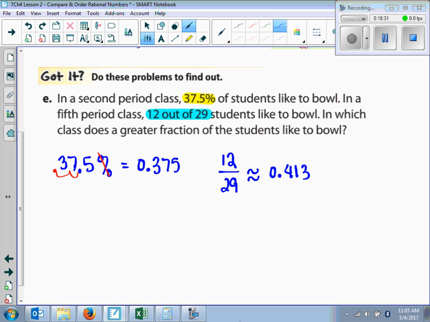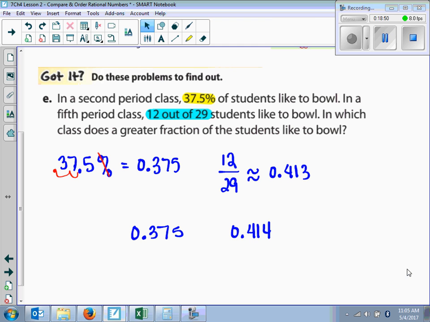So now this is tenths, hundredths, thousandths, and this is tenths, hundredths, thousandths. So we have a common decimal place value. So now we have apples and apples, and now we can compare. So we are comparing 0.375, which is 37.5%, to 0.414.